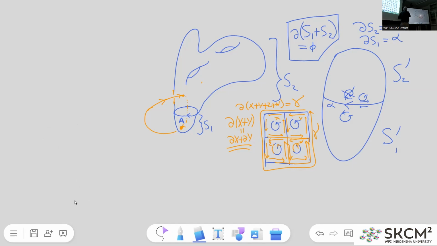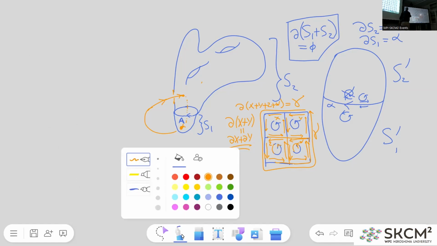This is yet another picture about linking numbers, which is going to sound a little more abstract, but it's worth thinking about.